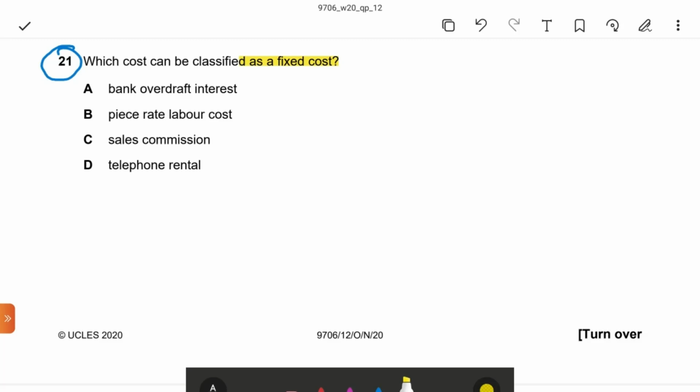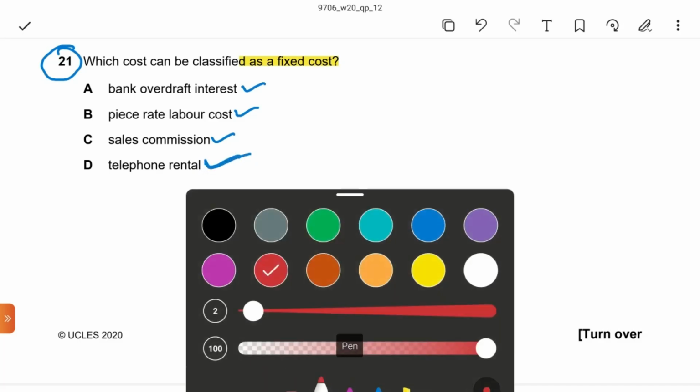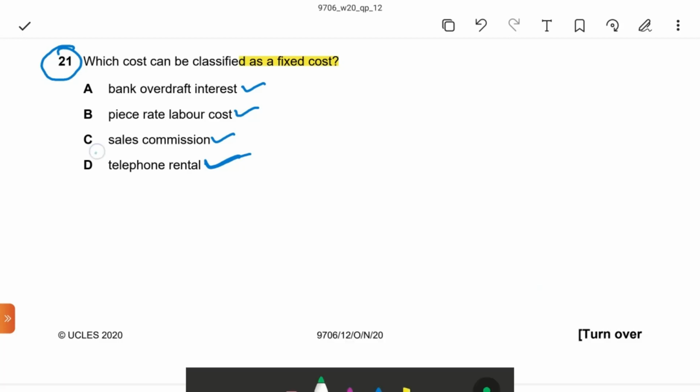So they are given the answers like bank overdraft interest. Bank overdraft interest will change. That is not fixed. Piece rate labor cost will change depending on the number of pieces. Sales commission is always given on the sales. How many sales are given? That also is not fixed. So the correct option is telephone rental. Telephone rental is classified as a fixed cost. So the correct answer is option D.